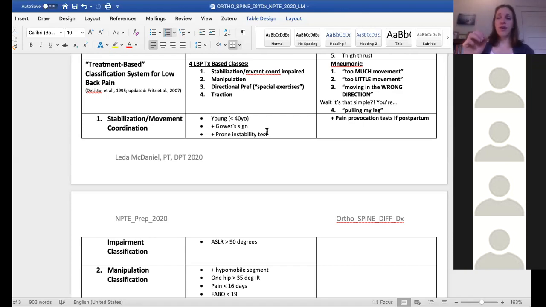In this individual, we think there likely is compression at that nerve root. We're getting some sort of radiculopathy. So similar to our cervical radiculopathy patient, we're going to want to decompress or take some pressure off that nerve root that's causing radicular symptoms.